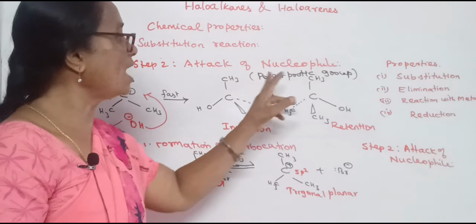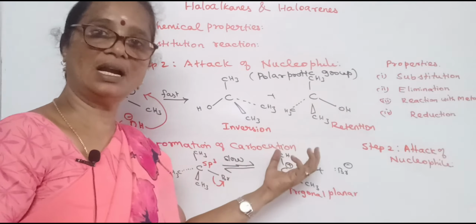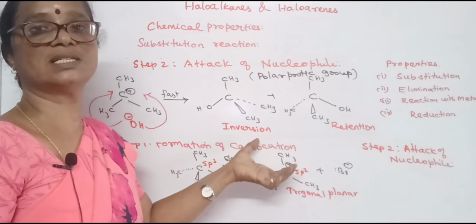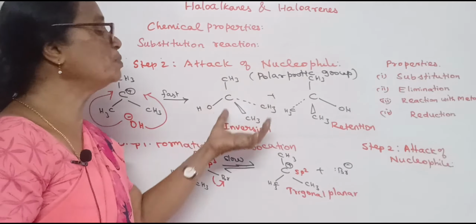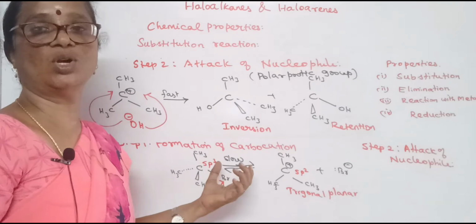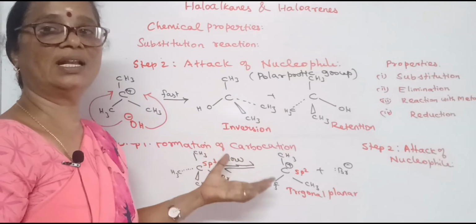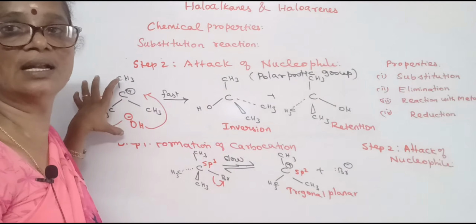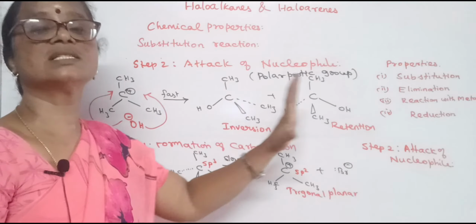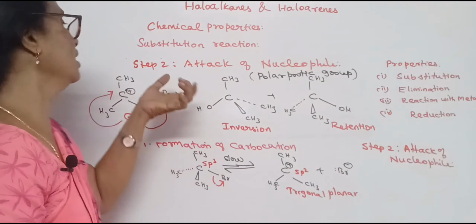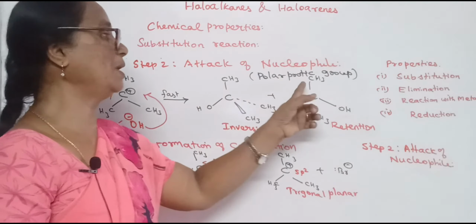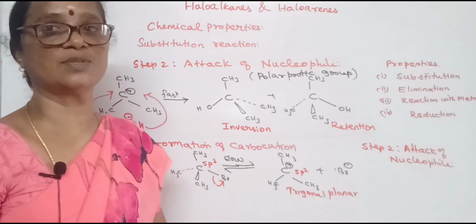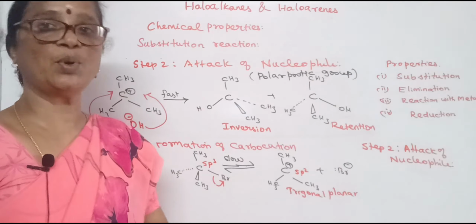So if a polar protic solvent is taken, the rate of reaction will be faster, since the alkyl group and the nucleophile cannot be solvated effectively, as the alkyl group is bulkier and would not allow the solvation. Hence SN1 reactions take place in polar protic solvent, but SN2 reactions take place in polar aprotic solvent.